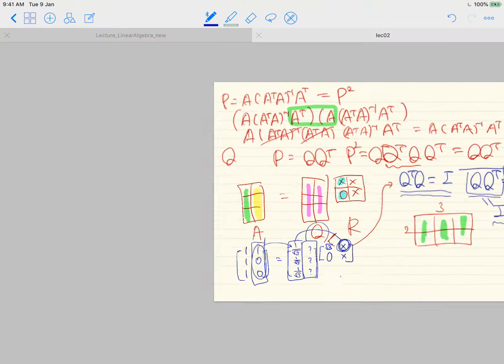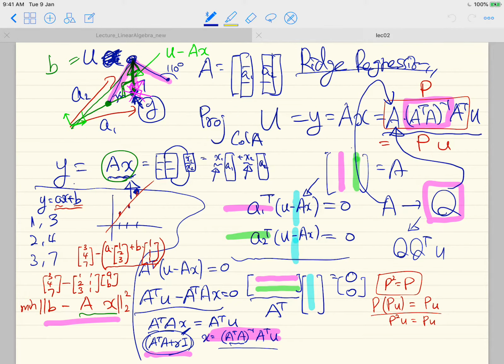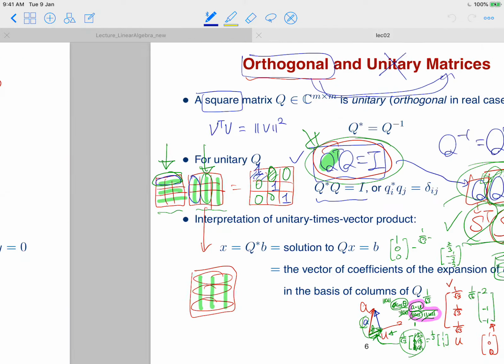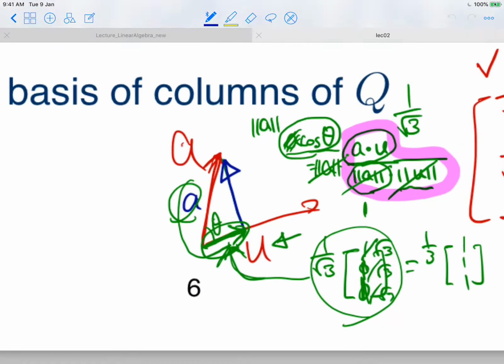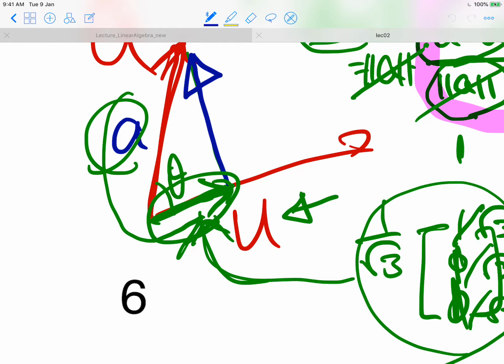So in this case, pictorially, in this figure, we want to represent A as a linear combination of U and the new orthonormal vector that's reconstructed, right? So what is this guy?